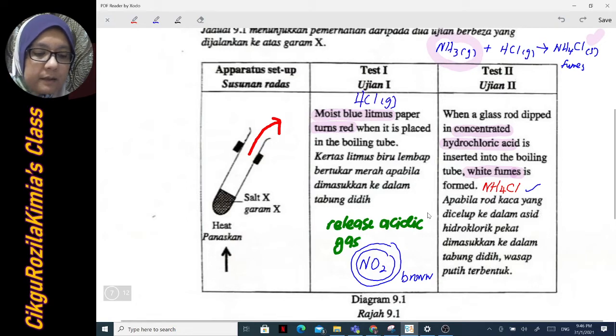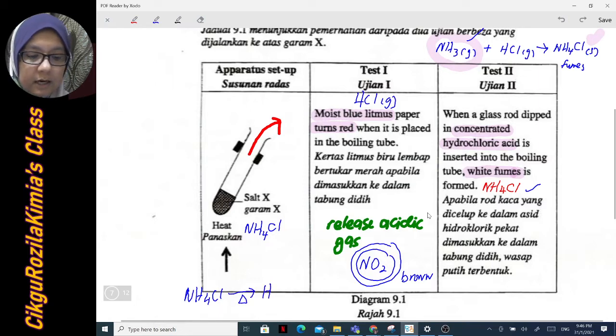Therefore kita boleh katakan bahawa salt X ialah ammonium salt je yang bebaskan ammonia gas. Okay, kalau panaskan. And then chloride. So kita kena tahu bahawa ammonium chloride boleh decompose when heated to produce hydrogen chloride gas and ammonia gas.